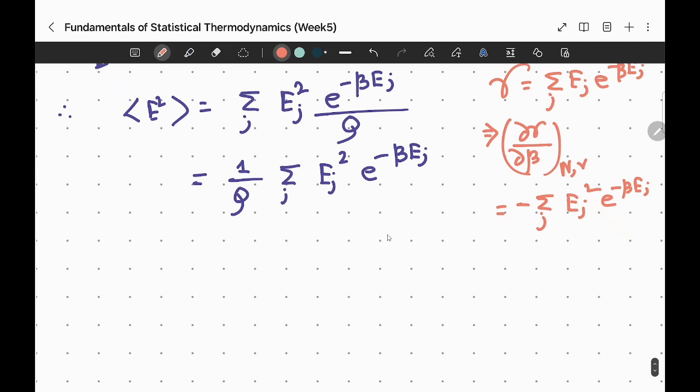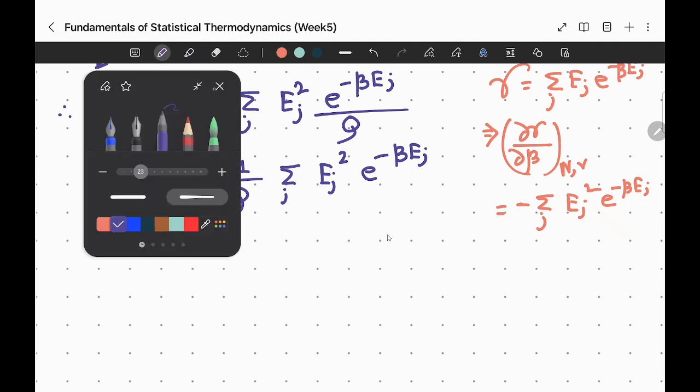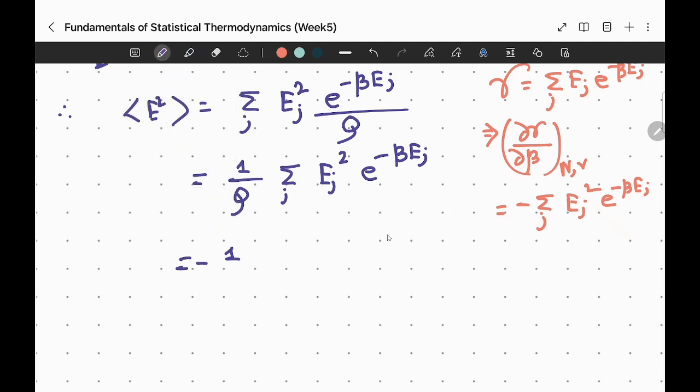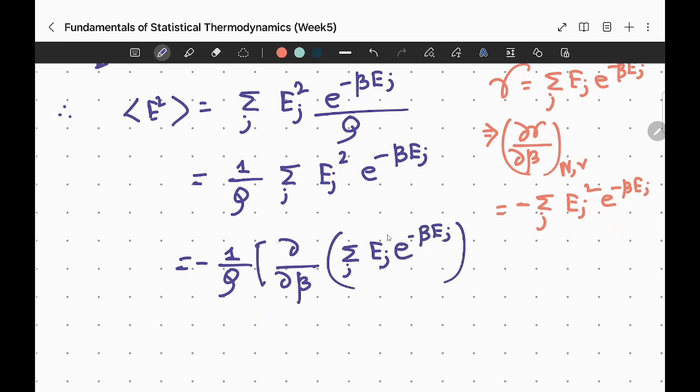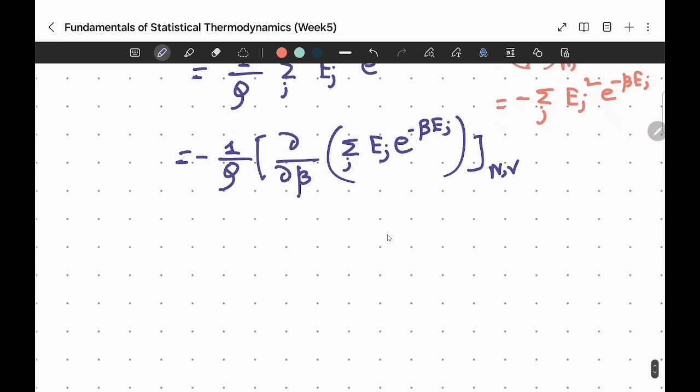So it can be written as 1 by Q del beta of gamma, and gamma is the sum over EJ e to the power minus beta EJ. Clear?